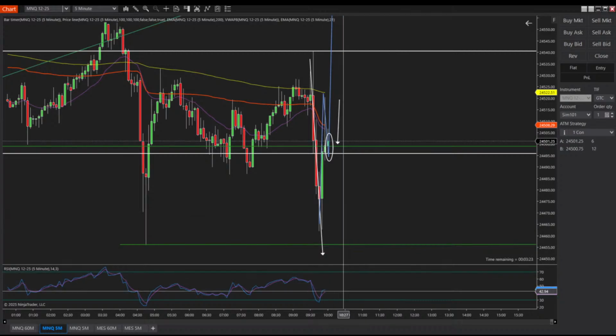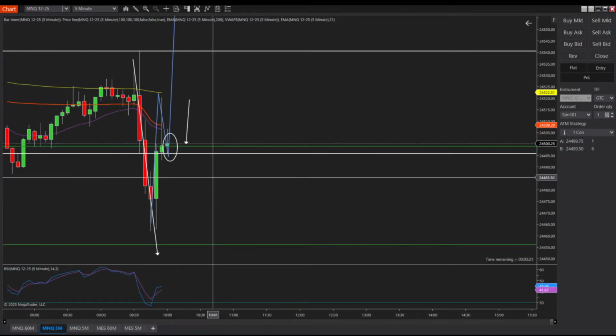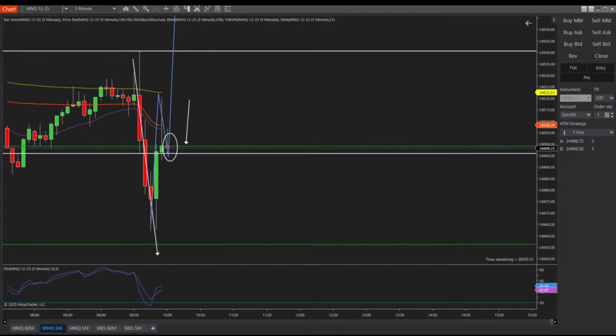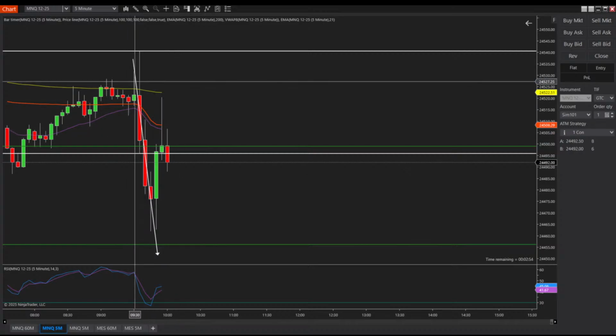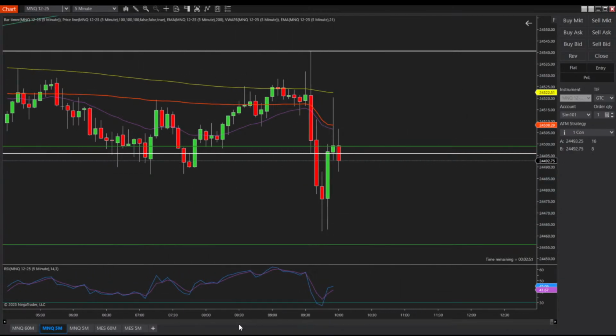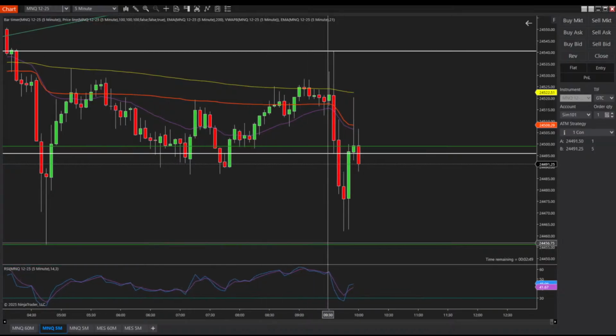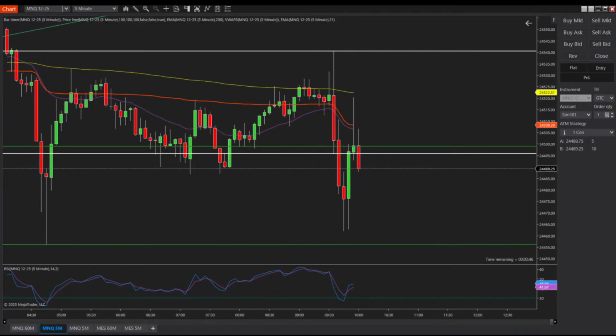Let's take a look at the 5. Move all these lines out of the way, get a clear view of what's going on. Still got a pretty big rejection there.